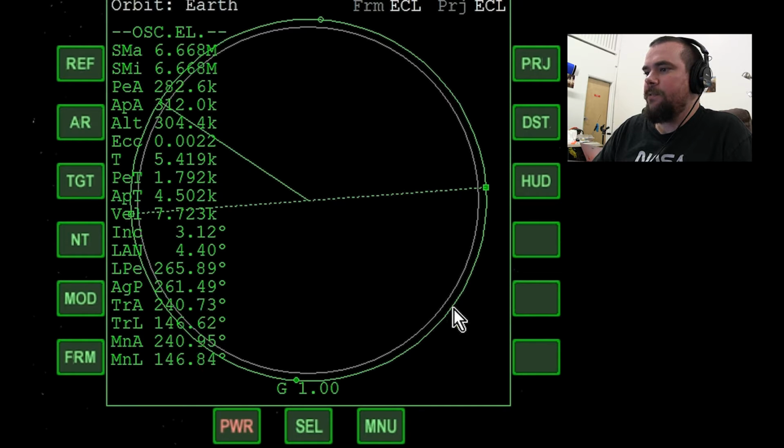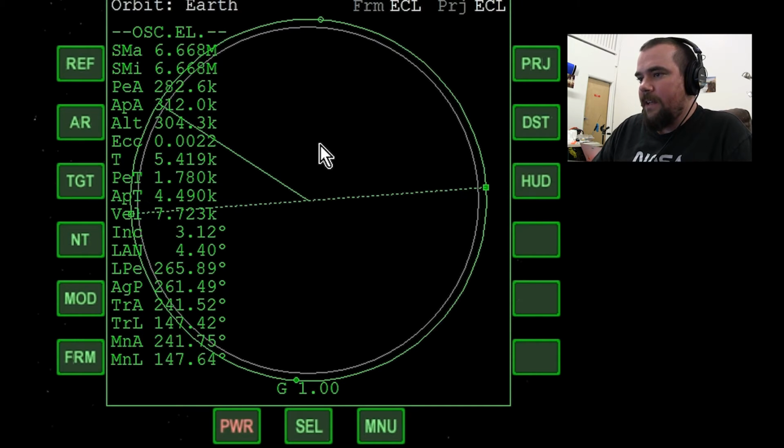And then the green circle is my spaceship's trajectory around the Earth, like that. So you can see I'm constantly above the Earth by some amount. In fact, that amount is around 300 kilometers from the surface.